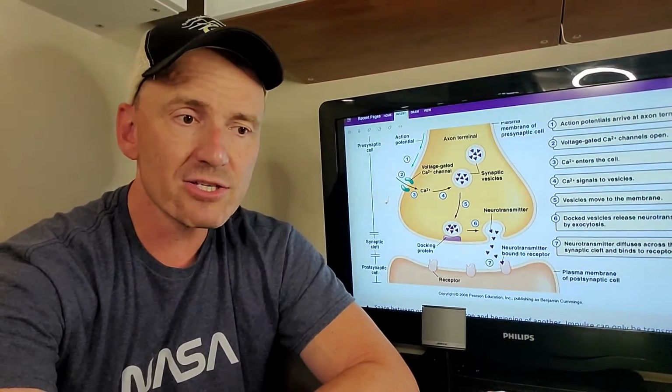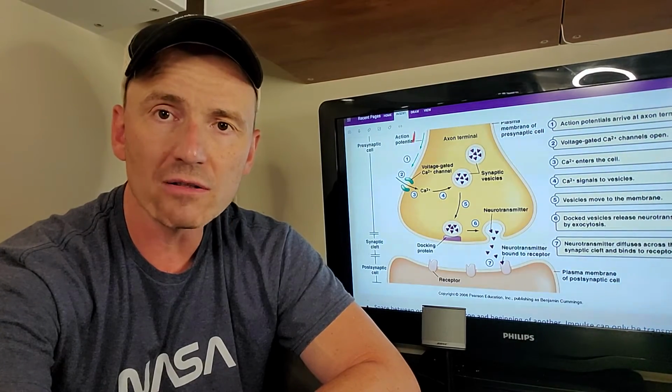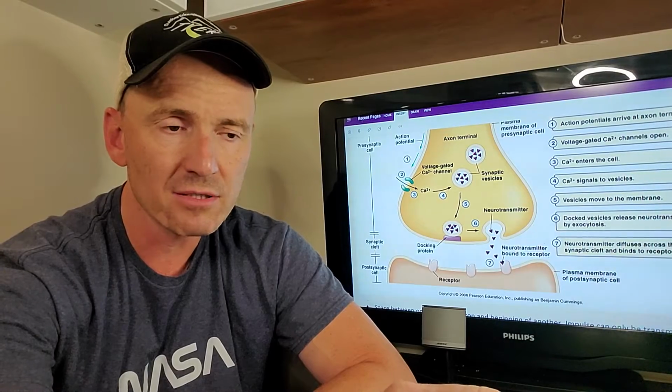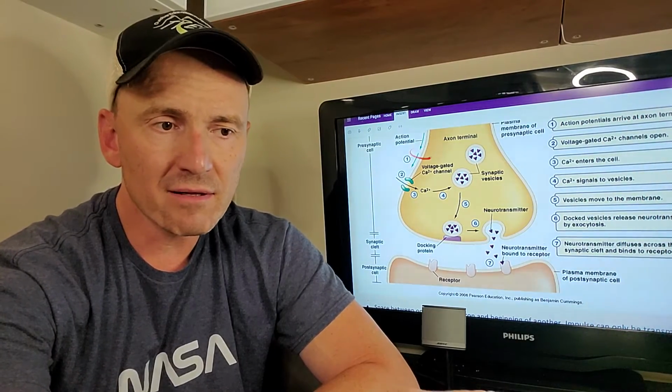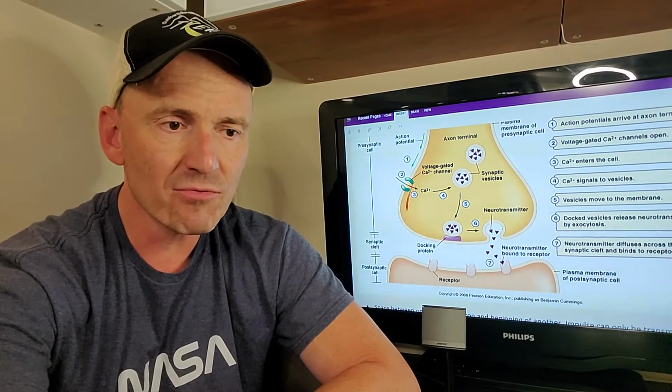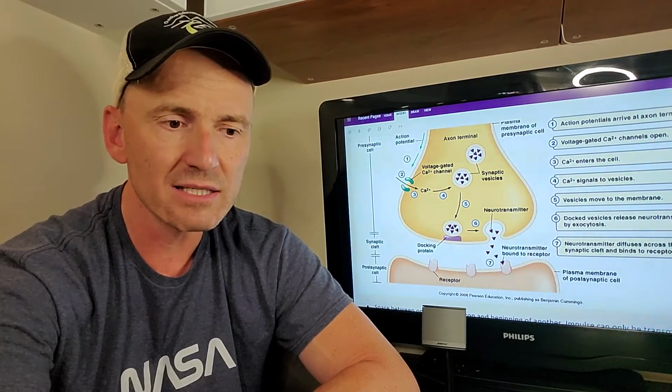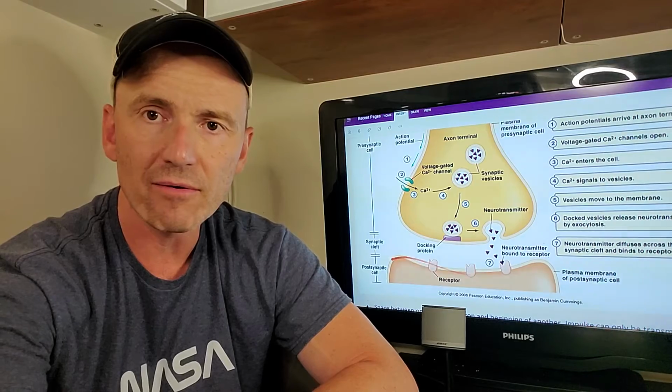So you've got this action potential, the sodium going in, potassium going out, and then them restoring again. And once it reaches the end, what happens at the end? The membranes aren't continuous with the next nerve cell.